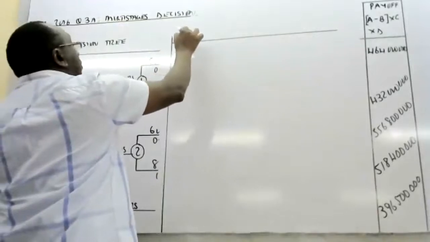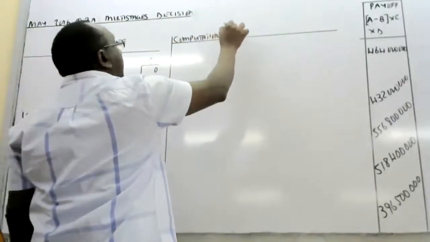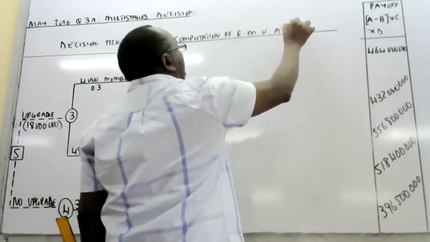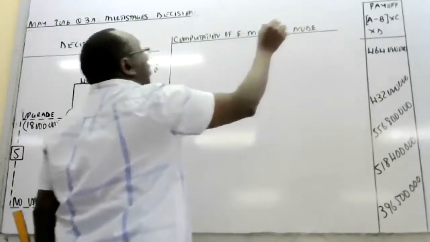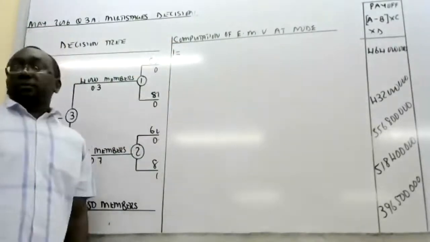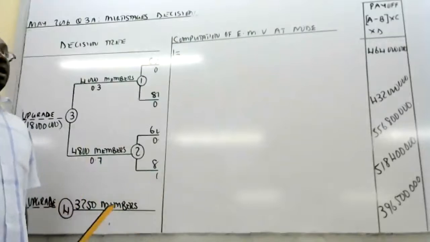So computation of expected monetary value at node, let's start with node 1.